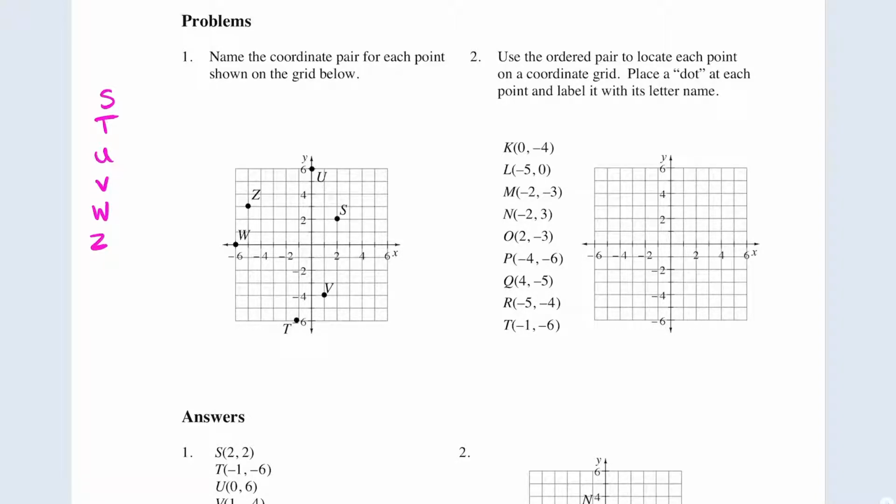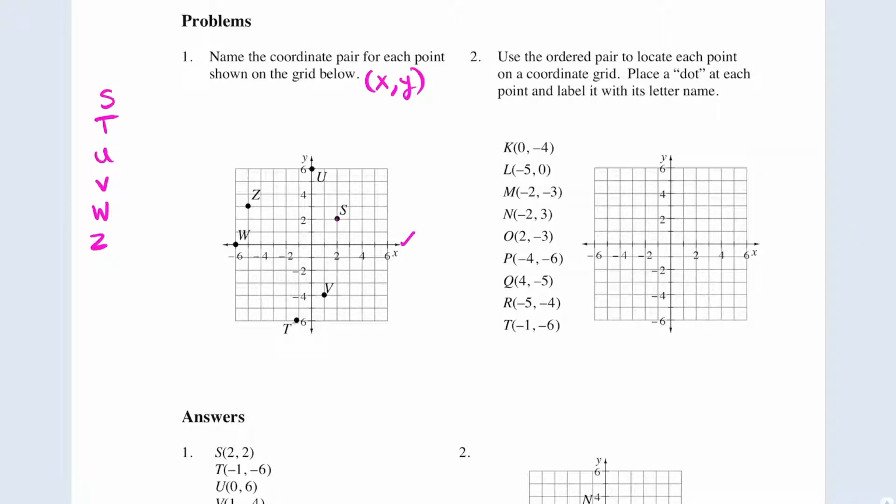So remember, our coordinates are written like this: x comma y. So in order to find these coordinates, we're going to travel along the x-axis first. That would be this guy right here with my little check mark. Travel along the x-axis first, and then once you do that, you're going to switch over to the y-axis.